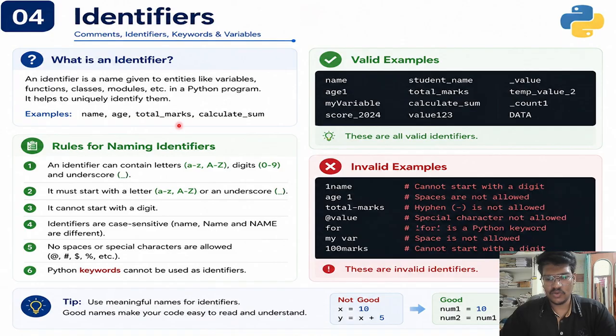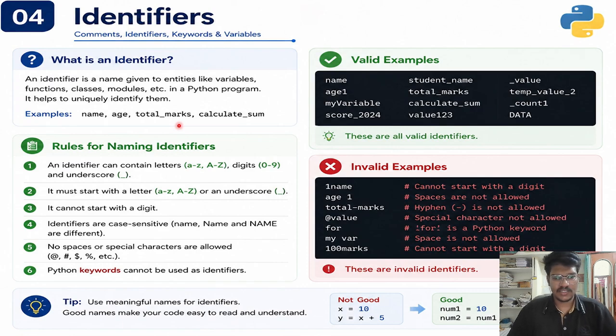At the rate value, the at sign is a special character, so it is not allowed. Then for is a Python keyword. Then my name with a space, so again it is not allowed. And here 100marks starts with a digit, so it is also not allowed.